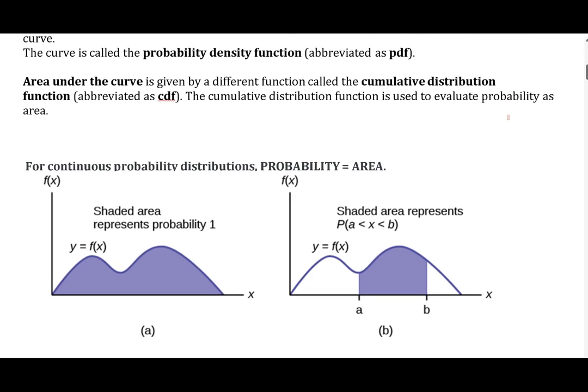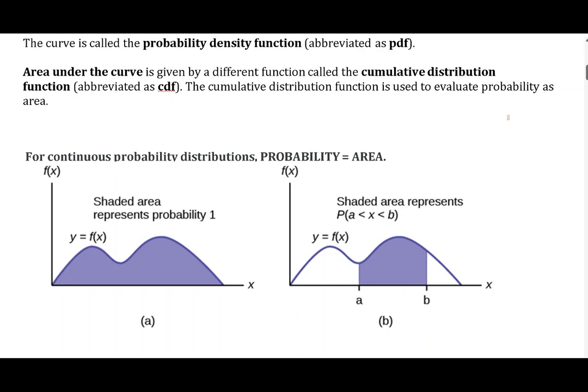So if we look at these two pictures below, they represent two continuous probability distributions, and we're trying to show that the probability underneath the curve for any regions is equal to the area under the curve for any regions.